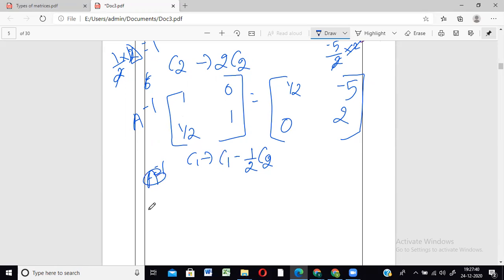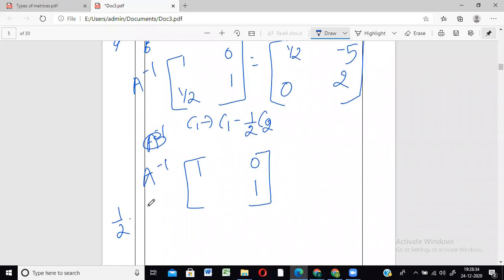So now same thing, A inverse. C1 is changed, C2 as it is, so we'll just write it. So this becomes 1 minus half times C2, correct? Yes. So it becomes half minus half times C2.